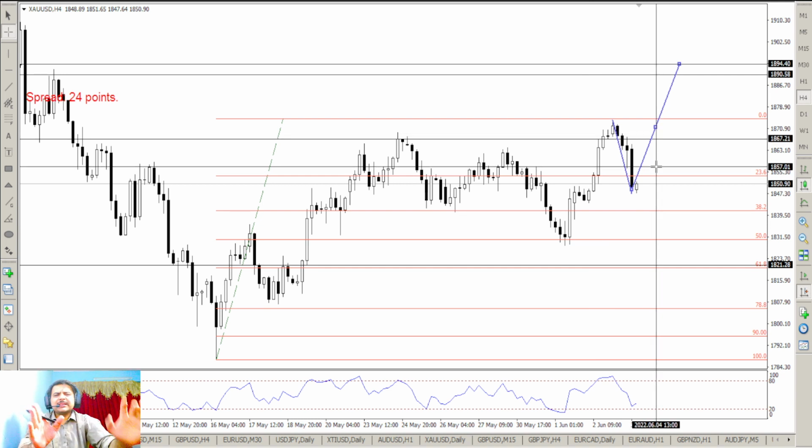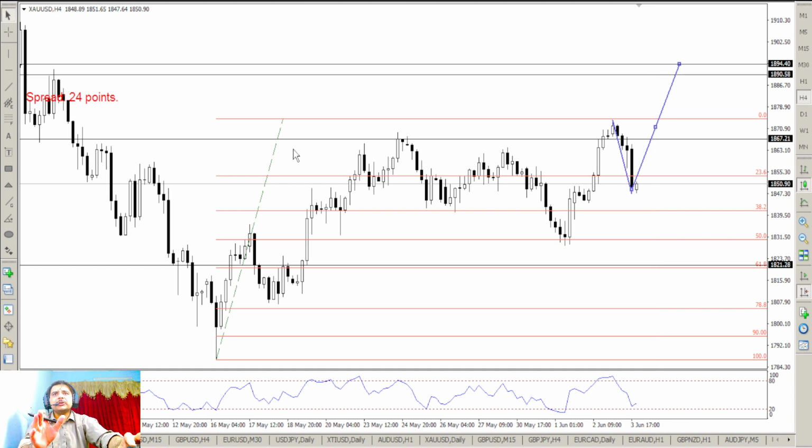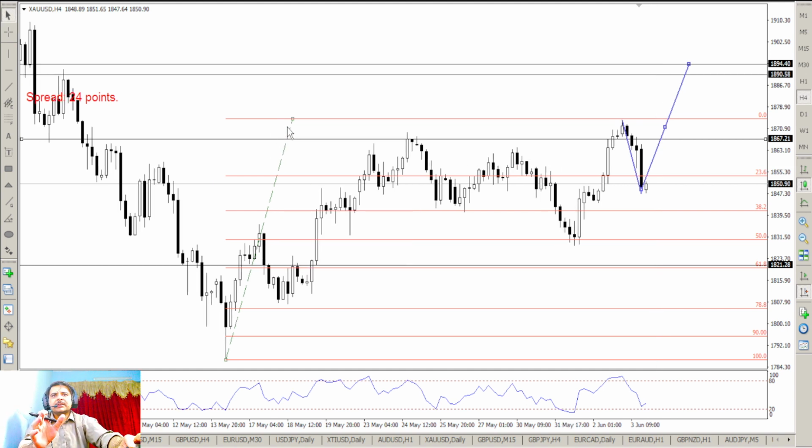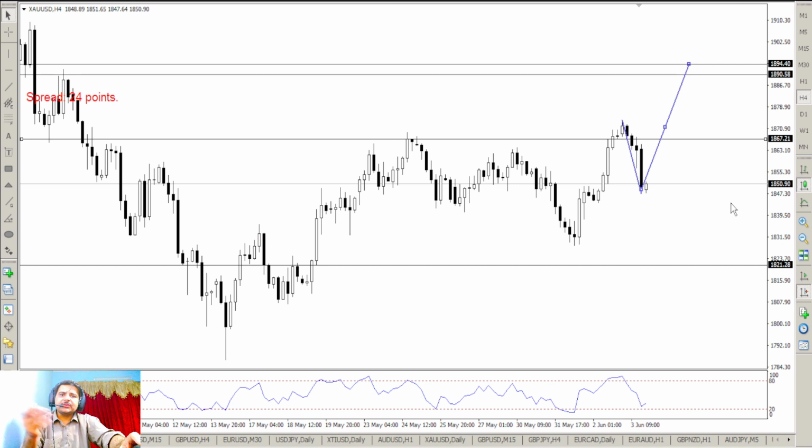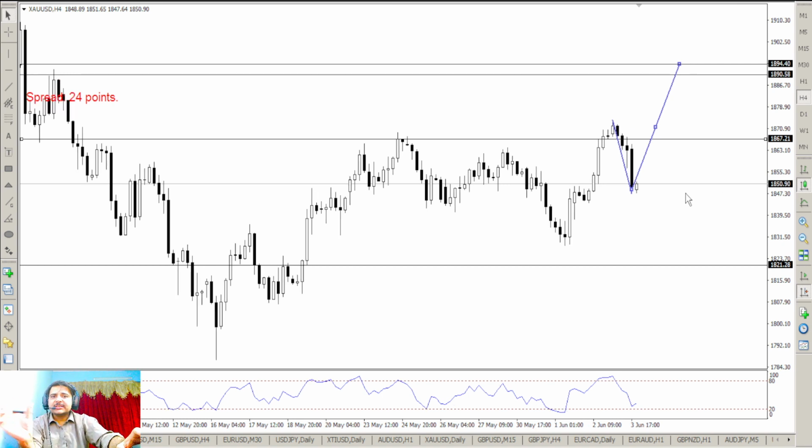But let's just discuss the bullish move first, and then I will be trying to find out the reversal points and the reversal entries if we get any.